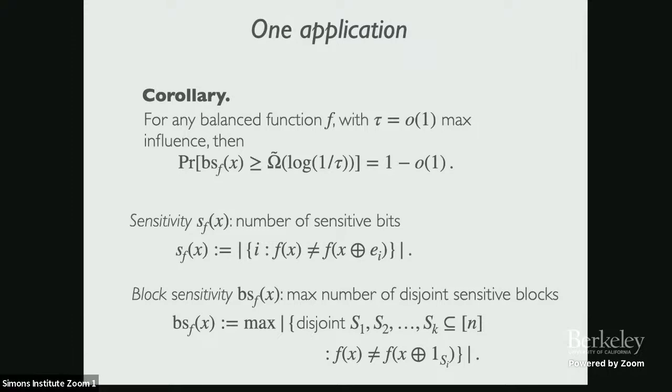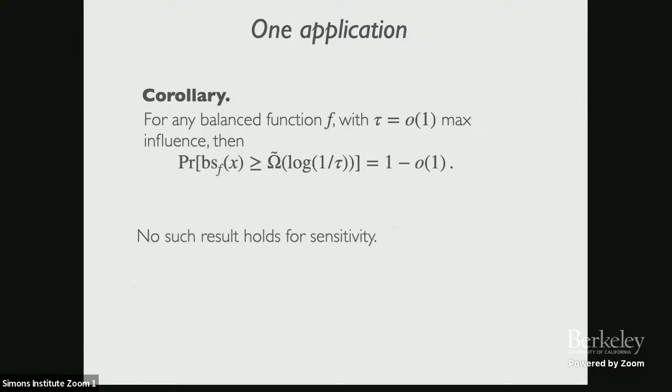So block sensitivity is clearly at least the sensitivity. We don't expect such results for sensitivity, just because of the majority function, because for most inputs the sensitivity of majority is 0.